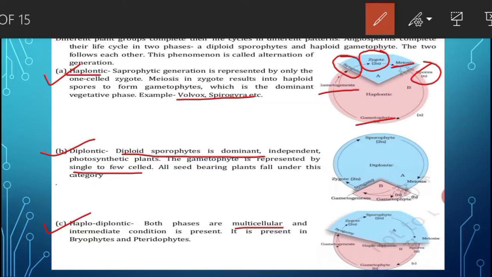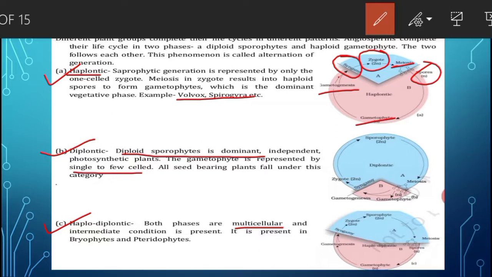The first one is a dominant independent photosynthetic thalloid or erect phase, represented by a haploid gametophyte. It alternates with the short-lived multicellular sporophyte, totally or partially dependent on the gametophyte for its anchorage and nutrition. All the bryophytes represent this pattern.